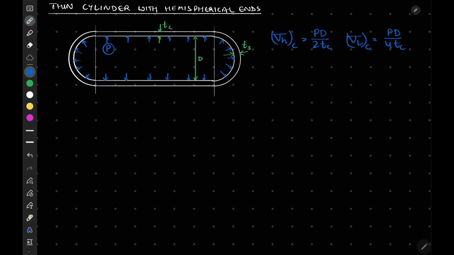The hoop stress in the spherical part will be PD by 4TS, and this value equals the longitudinal stress in the spherical part.